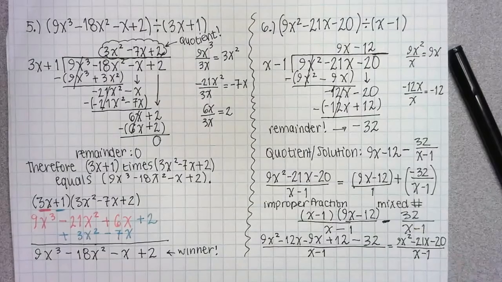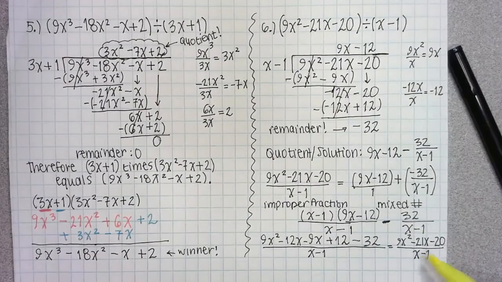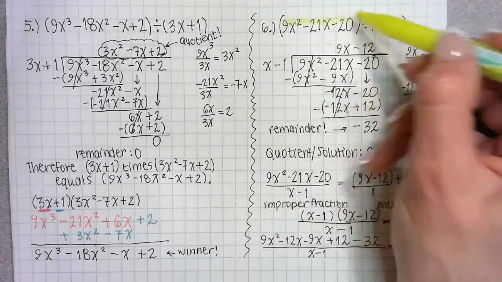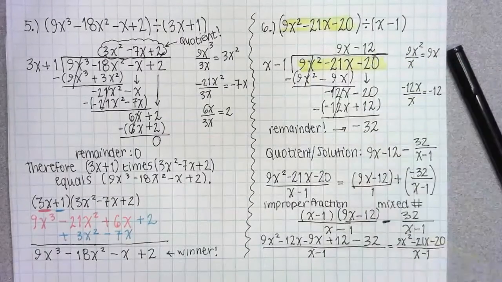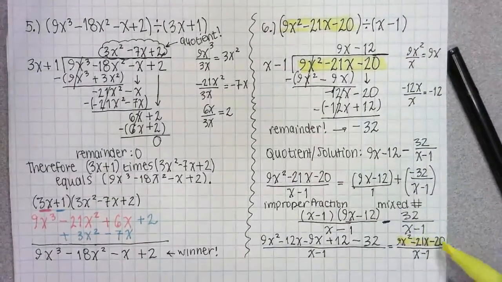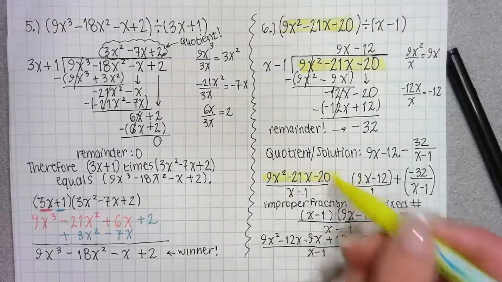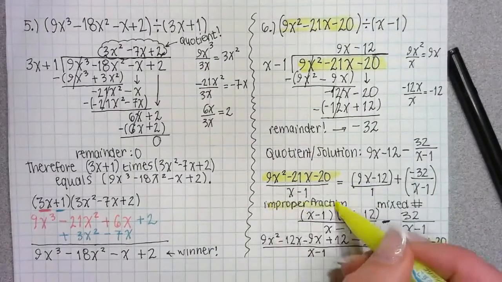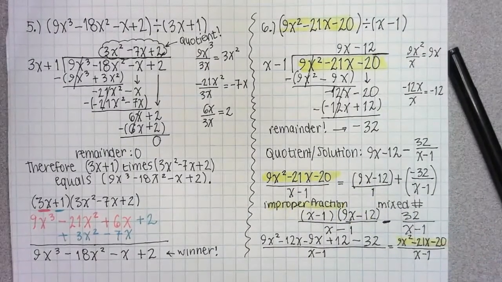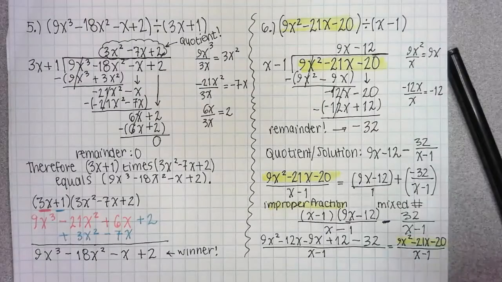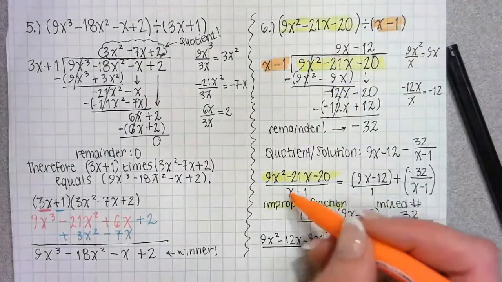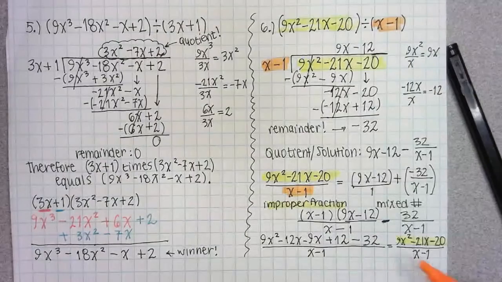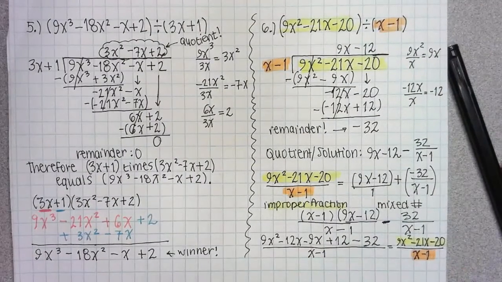And if you look, what do we have here? Here was my original problem. It's either there, or here, or here. It's in the improper fraction. We also have the x minus 1, x minus 1, x minus 1, and x minus 1.